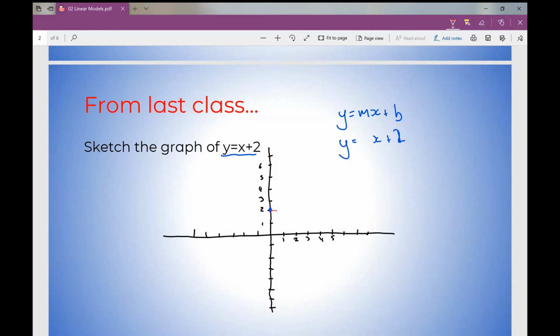So for every 1 we go across, we're going to go up by 1. I'll just do 2 points here. So this point is going to be on our graph, and this point is going to be on our graph. And now we just join them up. And there we go, we've drawn the graph of y equals x plus 2.